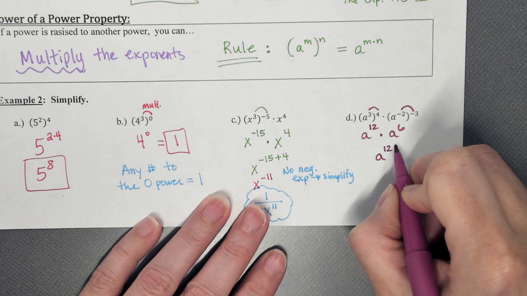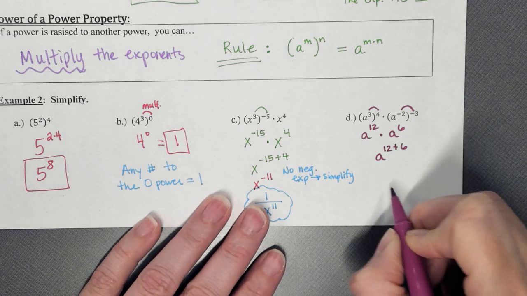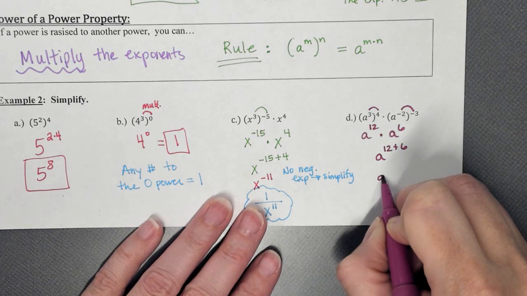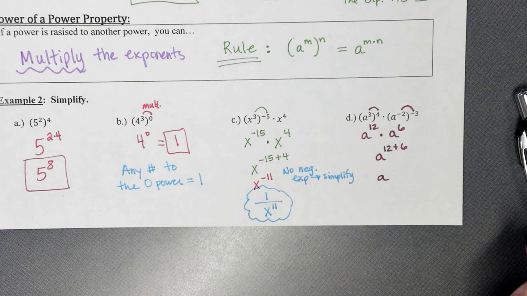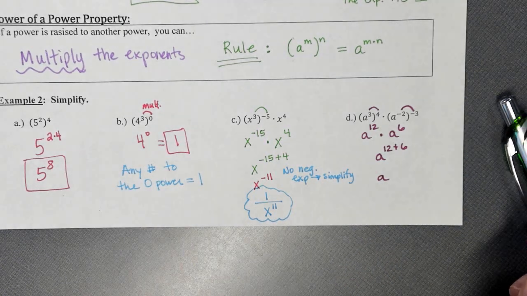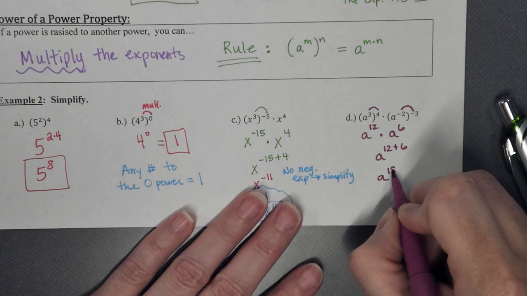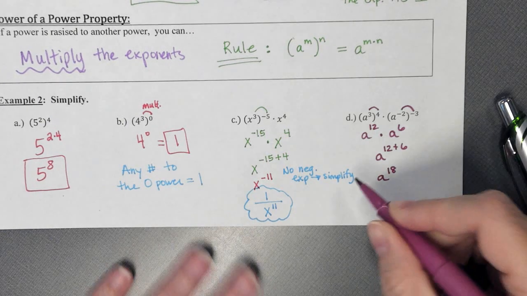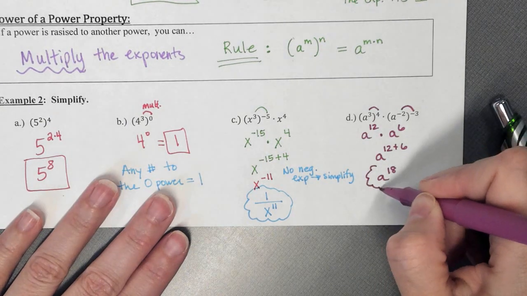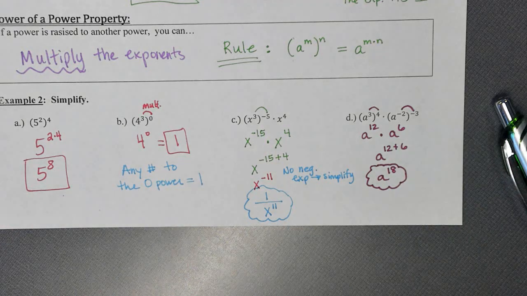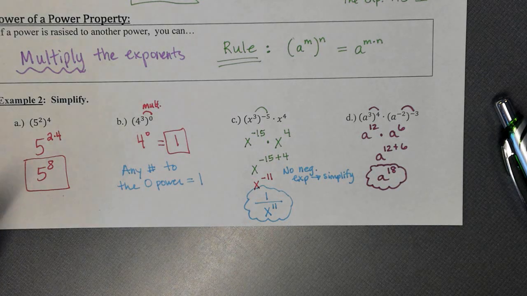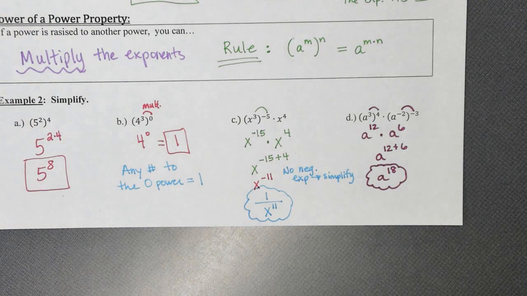So we're going to do 12 plus 6. And that's going to give us what? Yeah, 18. Okay, and then if there's no negative exponent, then you're done. You want to make it so that it's just one variable to one power.